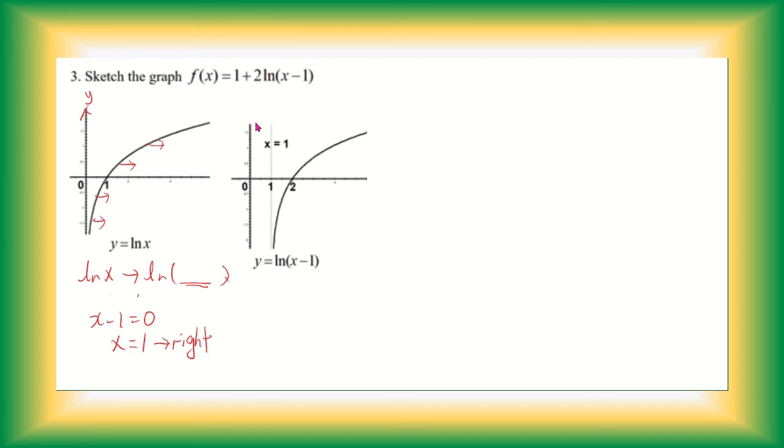Then we need to see whether there is a constant multiplied with the ln function. Here there is 2 multiplied with the ln function, so we need to carry out the enlargement with scale factor equal to 2. And for Y transformation, the enlargement, we use the x-axis as the center.